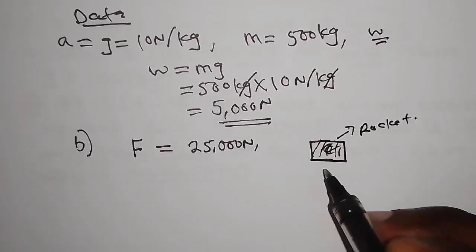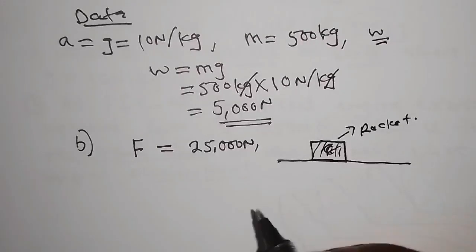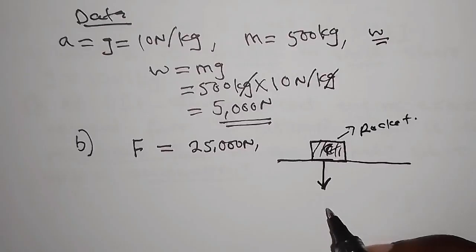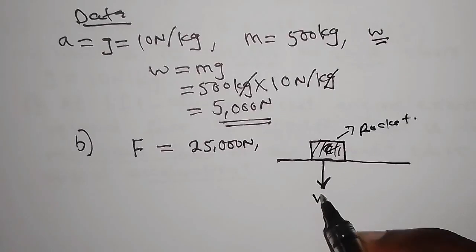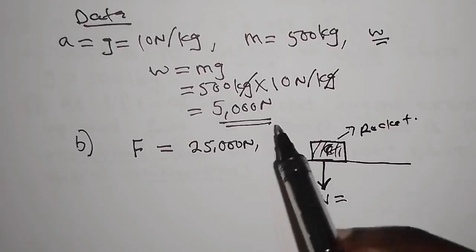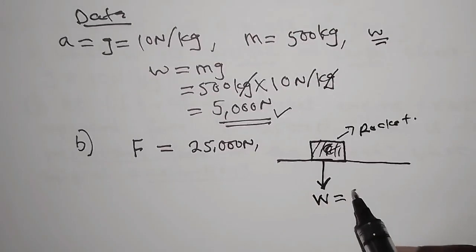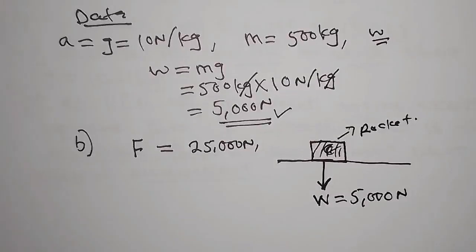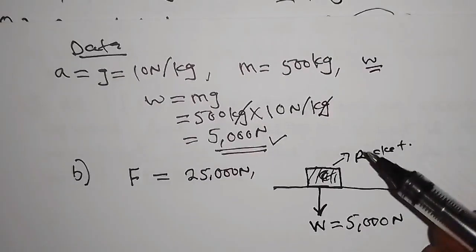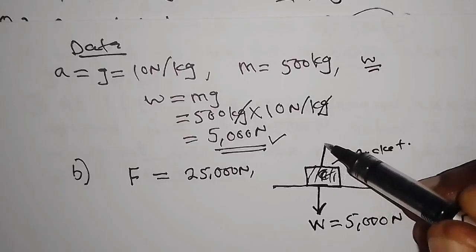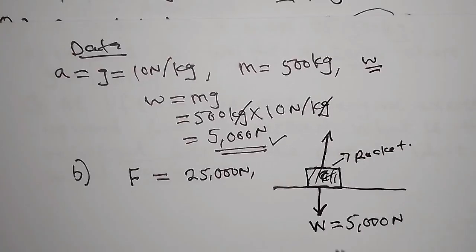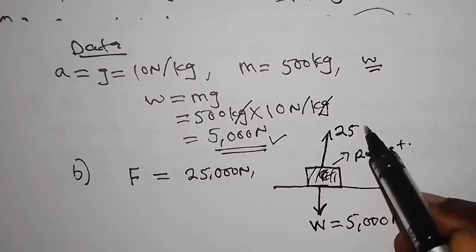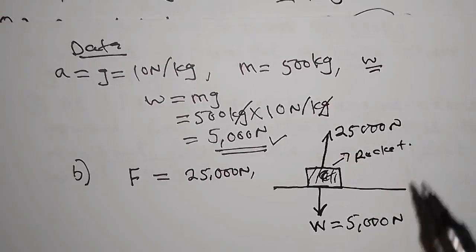Now if the rocket is sitting on the ground, it is exerting a downward force, which is the weight, and this is what we have just found, which is the 5,000. Now when the rocket lifts off, the upward force was found to be 25,000 Newton.